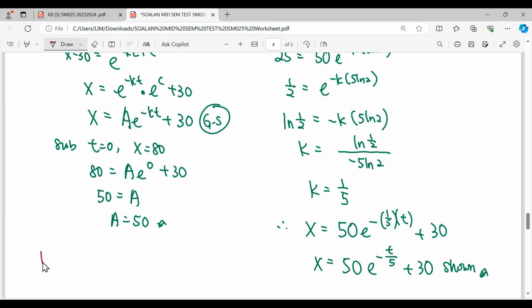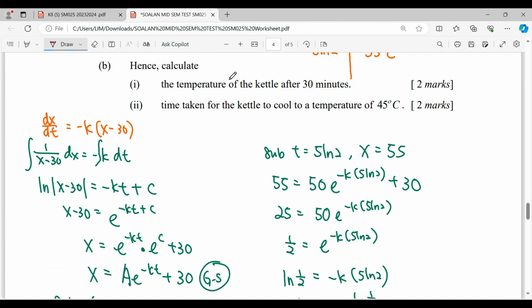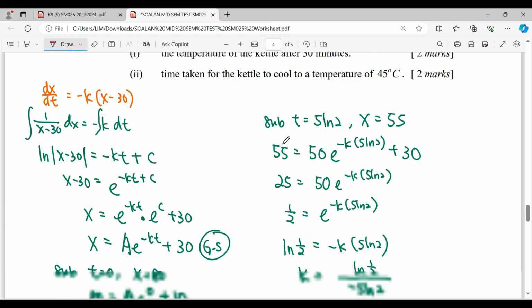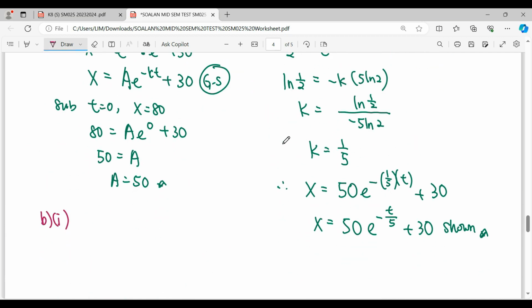So then for the next questions, find the temperature of the kettle after 30 minutes, and then find the time for the kettle to cool until a temperature of 45. So for the first question, when t equals 30, they ask what the temperature is. So we substitute into this particular solution, x equals 50 e to the negative 30 over 5 plus 30.